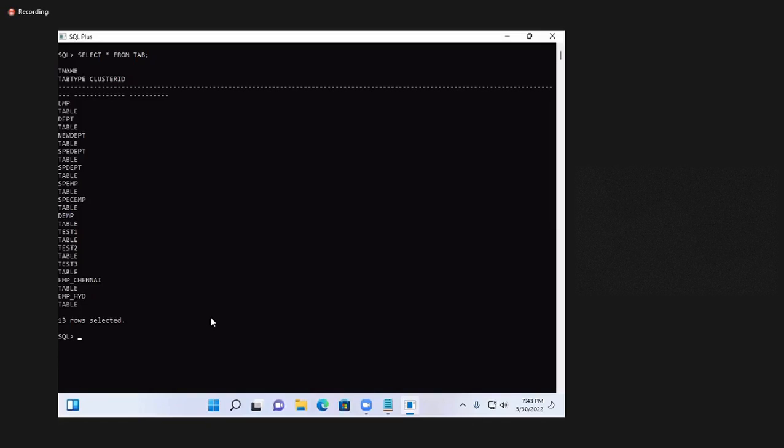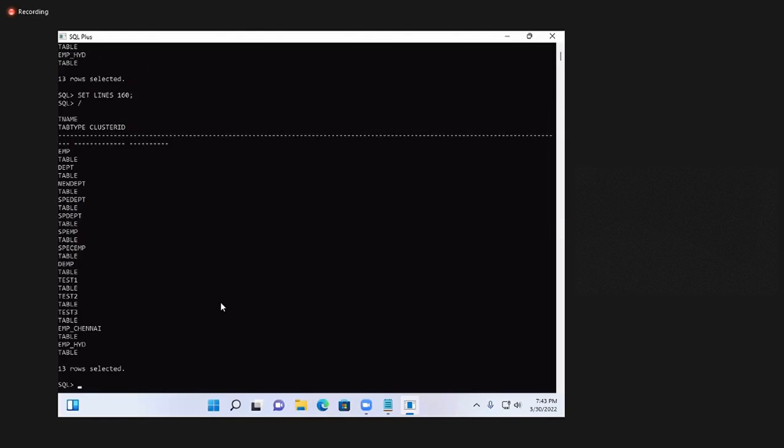Okay, so these many tables we created. Okay, so EMP, DEPT, fine, okay.